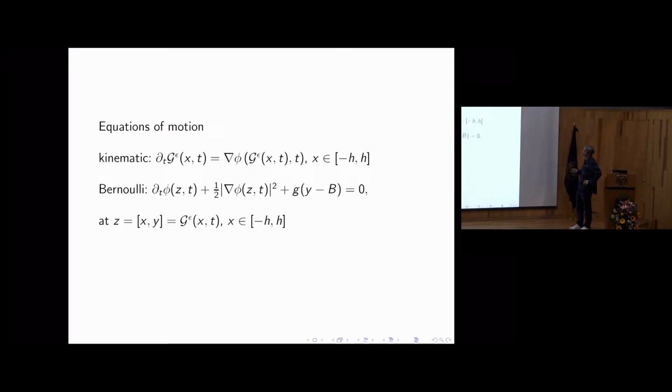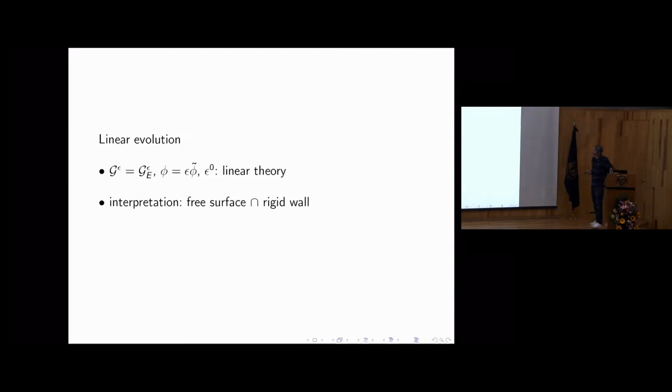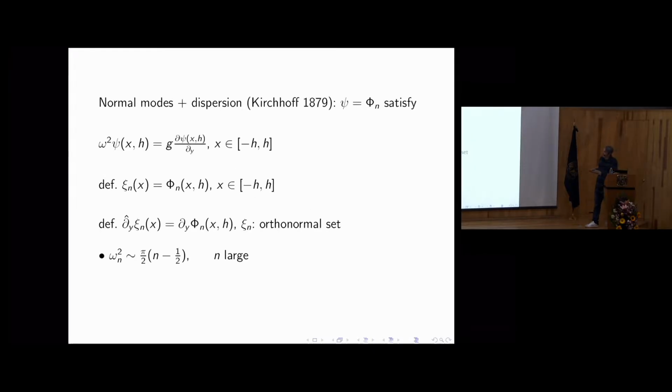So this is the exact equations, and then we use these expansions to obtain a linear, to lowest order, a linear theory, which is actually the linear theory we had, but the addition is that we have now an interpretation of where the free surface intersects a rigid wall. So that at least solves that interpretation problem.